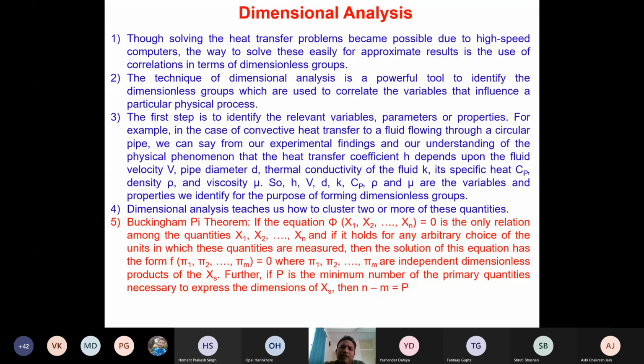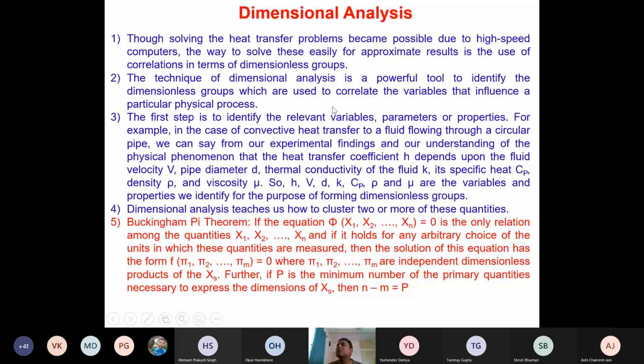Of course, nowadays people are doing machine learning, which is purely based on data. But mostly the correlations used in heat transfer have some physical backing. It's not completely arbitrary. So if I have a heat transfer correlation in terms of Nusselt number, Prandtl number or Reynolds number, there is some physical principle behind it.